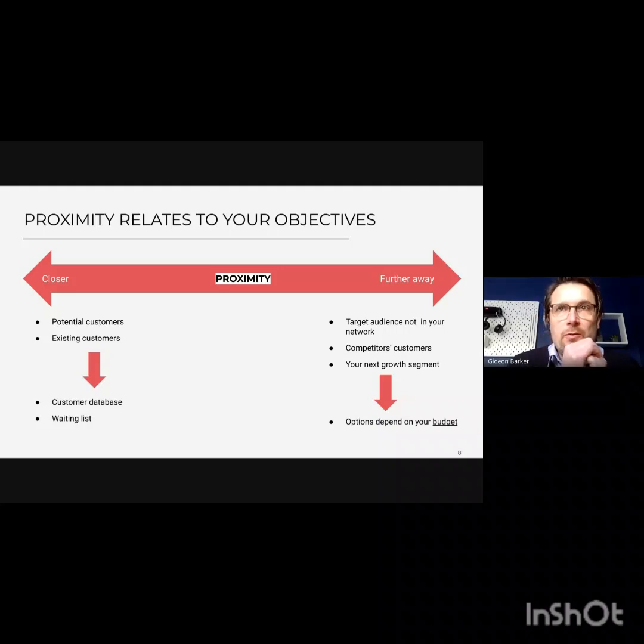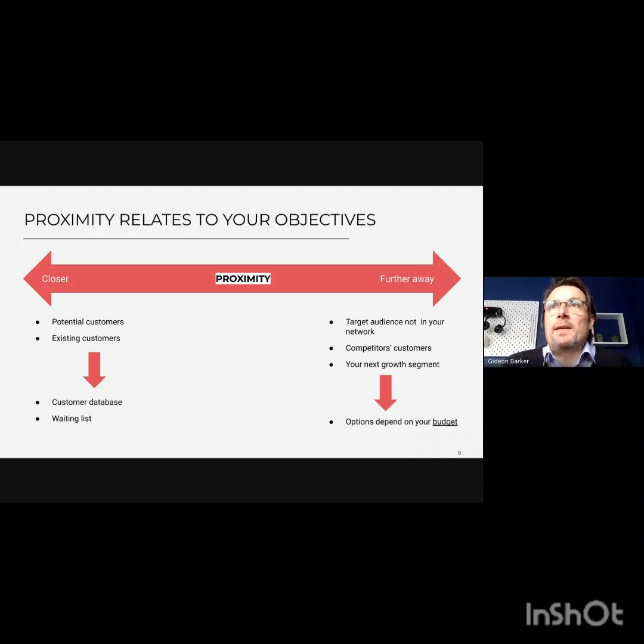Those are potentially really good, easy and effective people to approach to carry out some research with. You might have a mailing list or a customer database, and it's very straightforward then to contact people, tell them what you're doing, and invite them to take part in your research.